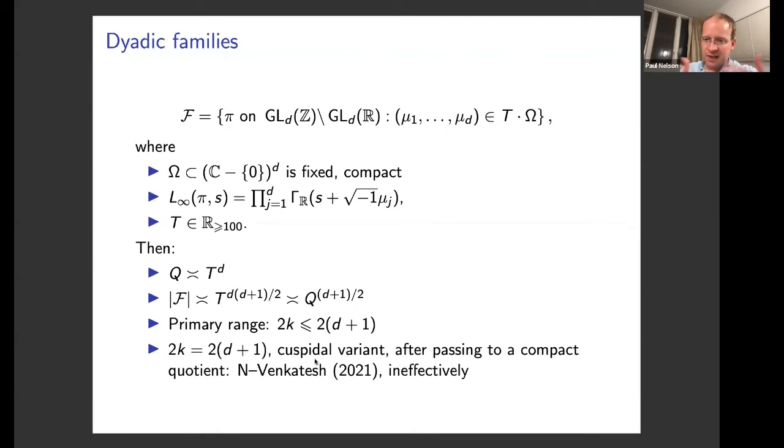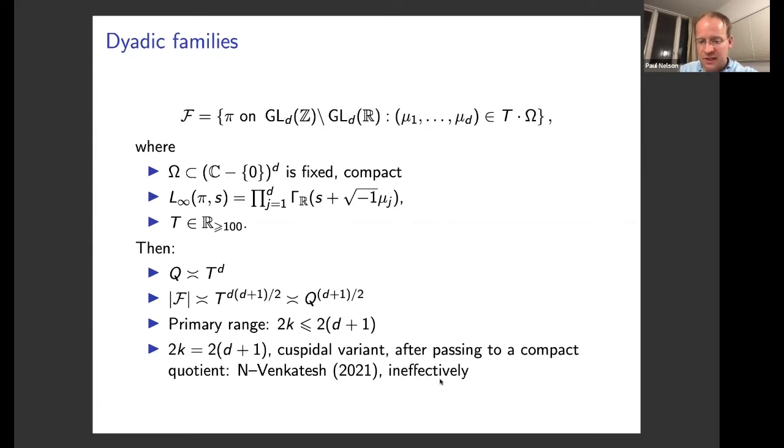So something like the second moment of some cuspidal twist. But we actually only treat that after passing from automorphic forms on the general linear group to some compact quotient that behaves like the general linear group. So for example, some unitary group for which the analog of this is actually compact.